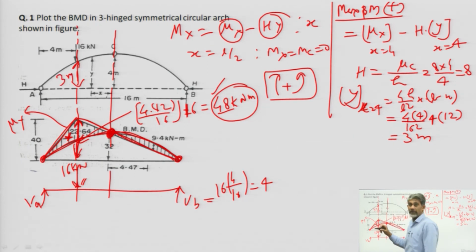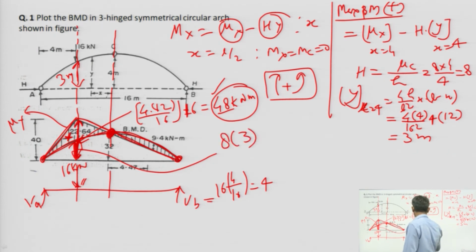Okay. So, h y moment here, this one moment, is the value of h is 8 and y is 3. So, it is 24. Okay, let me check it first.